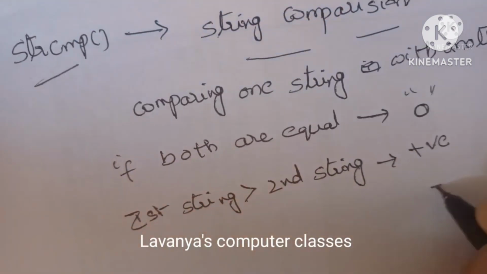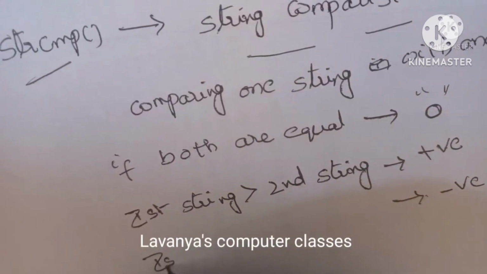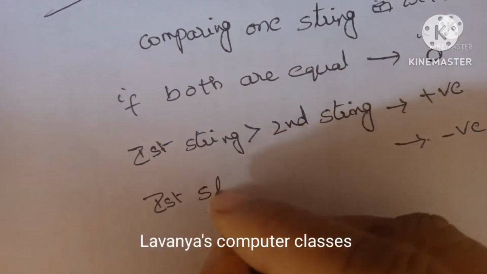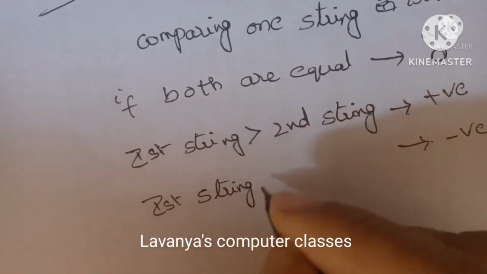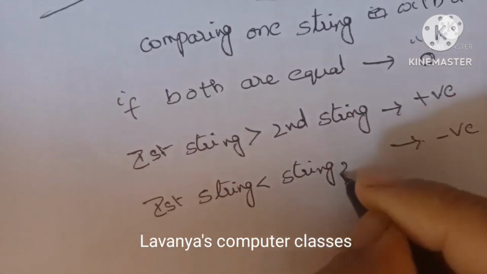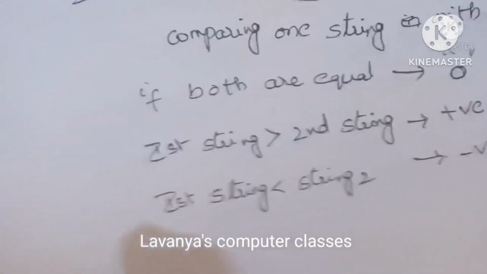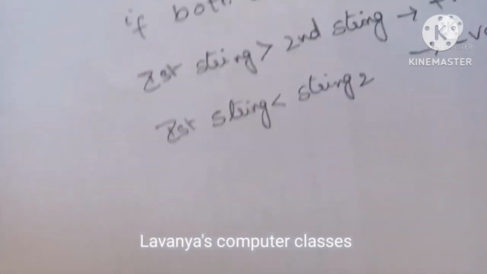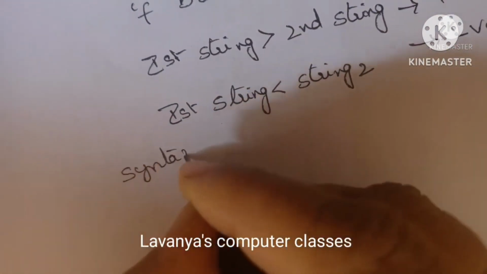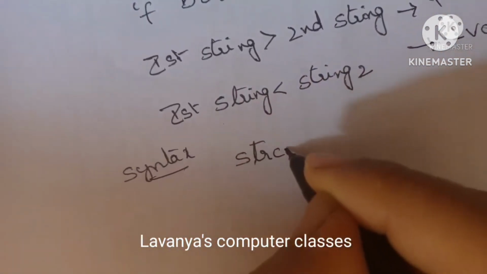When it gives a negative number, the first string is less than the second string. If both are equal, 0. If both are not equal, other than 0. Now we'll go for syntax. strcmp.